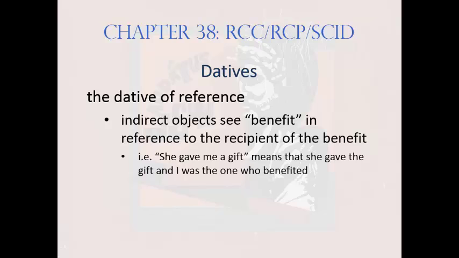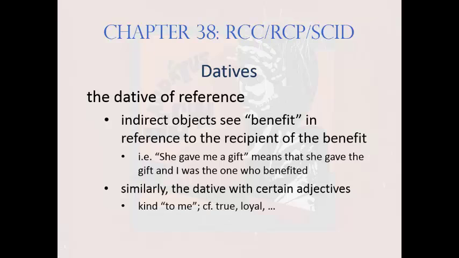"She gave me a gift" means her giving of the gift was a benefit from my perspective, because I was the recipient of her largesse. Likewise, datives with certain adjectives show who is affected by the adjective, as in, "she was kind to me," or true or loyal. She may have been a complete monster to others, but seen from my reference point, she was always really kind.